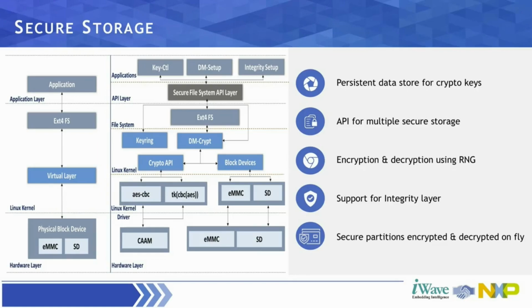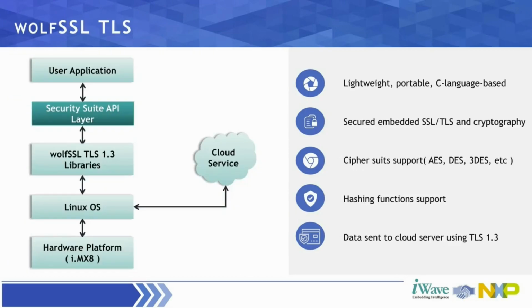Then moving on to your wolfSSL TLS library. So what exactly is wolfSSL? wolfSSL is a lightweight, portable, C language-based SSL/TLS library targeted at your various IoT applications or embedded applications. TLS is now the successor protocol to SSL, which is Secure Sockets Layer, and TLS pretty much works the same way as SSL, except that we use encryption to protect the transfer of data and information.